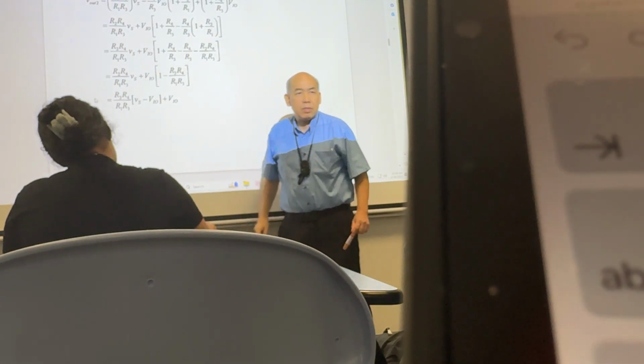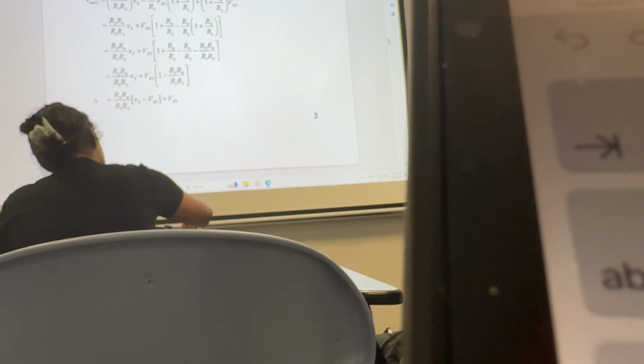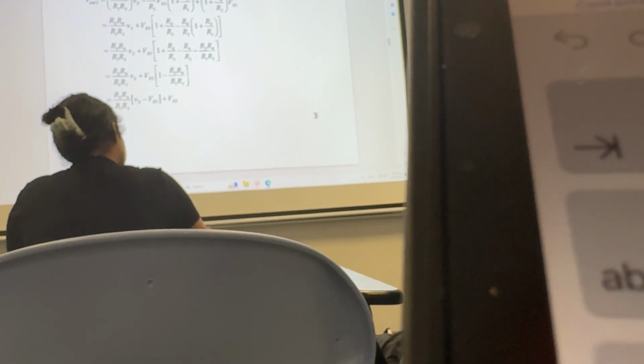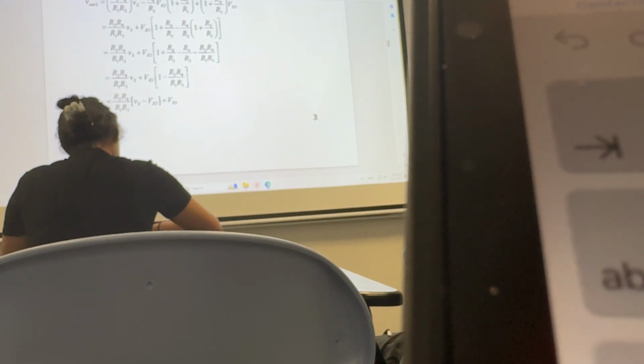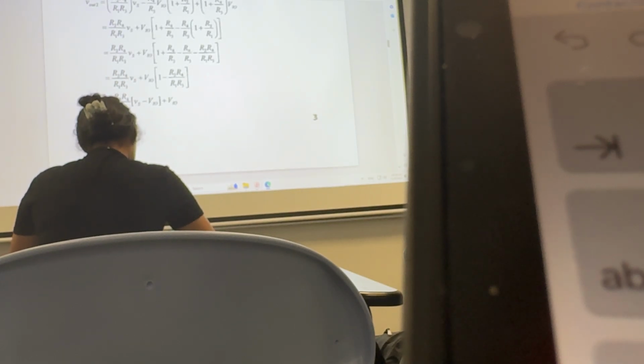So what about the offset component? Your offset component will be here. If you look at it, what happens is your negative swing is under more stress than your positive swing.